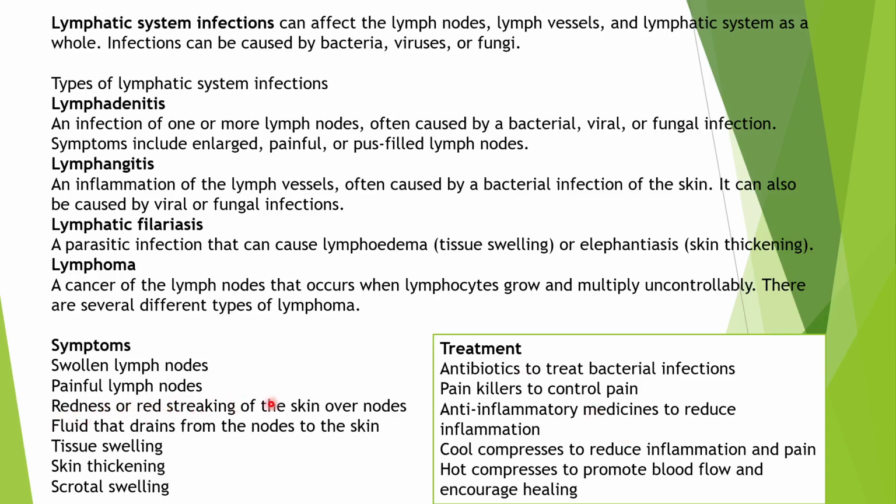The redness or red streaking of your skin over the lymph nodes is a symptom of inflammation, so that has to be brought down. So anti-inflammatory medicines will be prescribed. Then cool compresses to reduce inflammation and pain. Then hot compresses to promote blood flow and encourage healing. So both hot and cool compresses apply here.